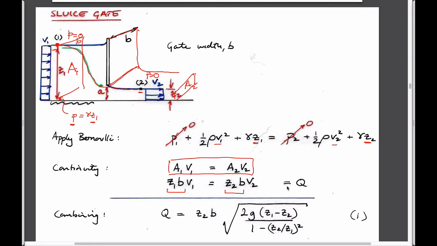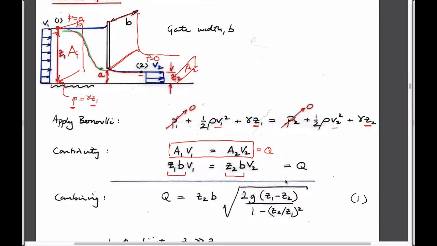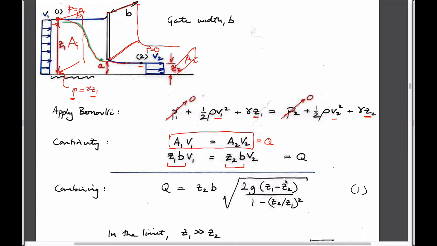And this, by definition, also has to be the same as flow rate, right? Just by definition. Flow rate is usually meters cubed per second. Cumecs, I guess, is cubic meters per second. And so if you substitute for velocity 1 into this, in this case, this must be V2, because V2 times Z1 times B, this term here, has to be equal to flow rate.